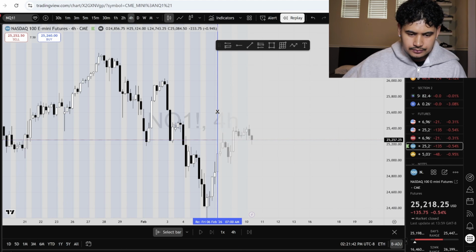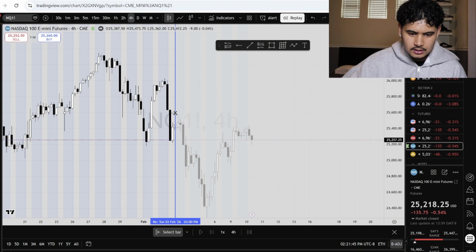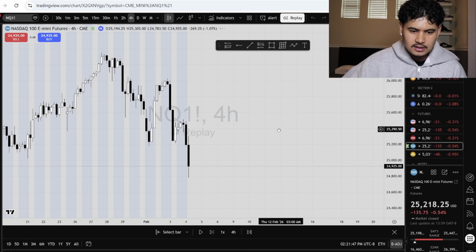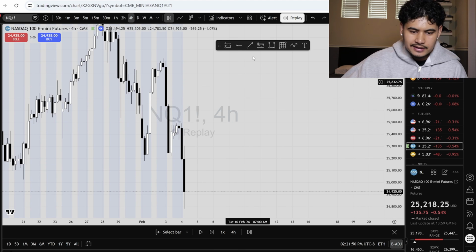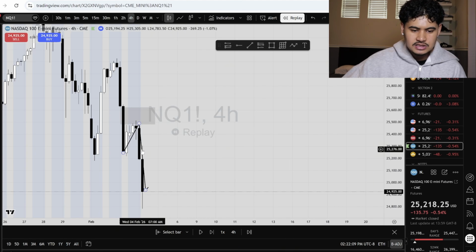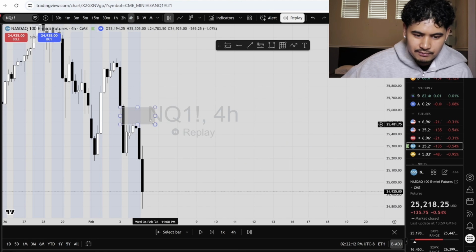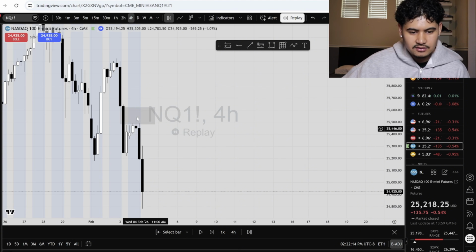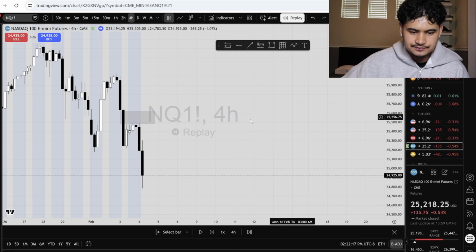Right here, as you can see, there is a 4-hour fair value gap from this low to this high, and we see that price is creating a lower high right here, and it is holding. So we are in a bearish downtrend. I know that we're in a downtrend from price reacting off of this fair value gap right here.